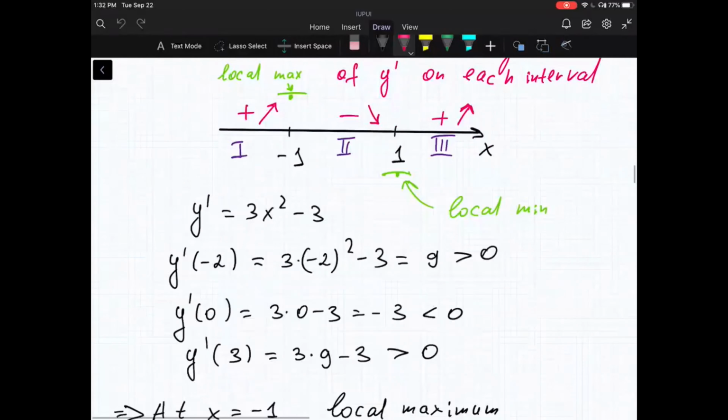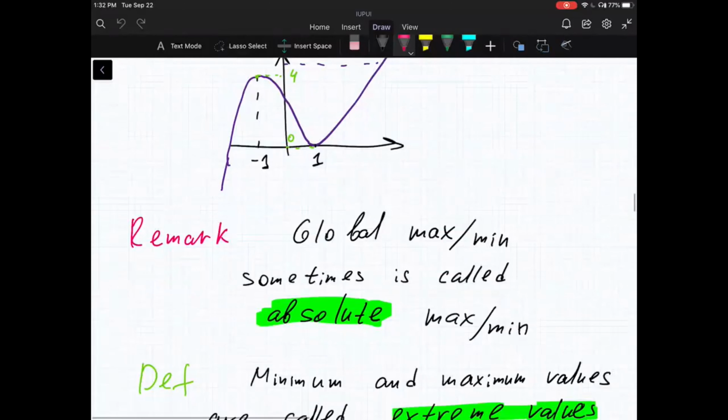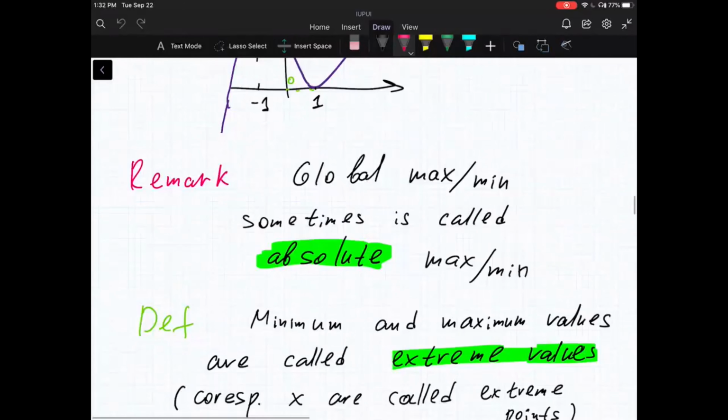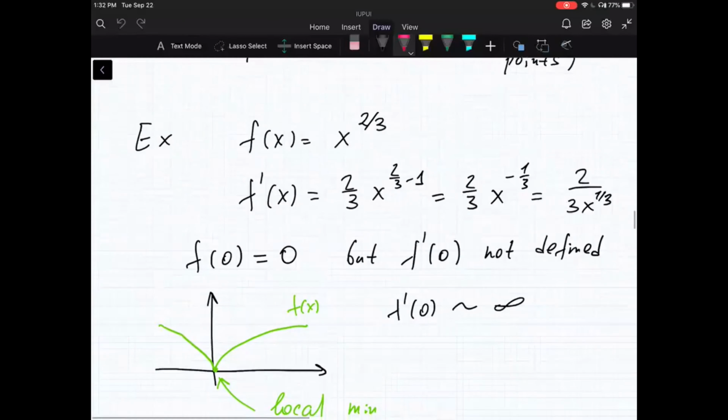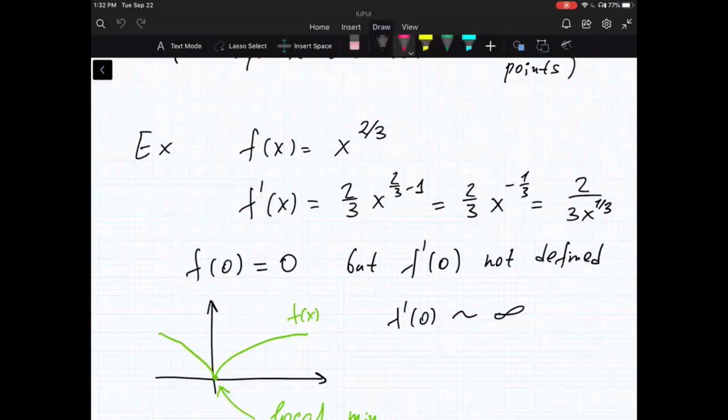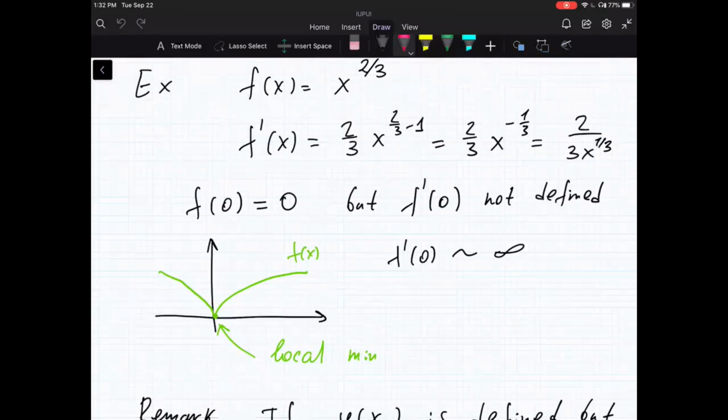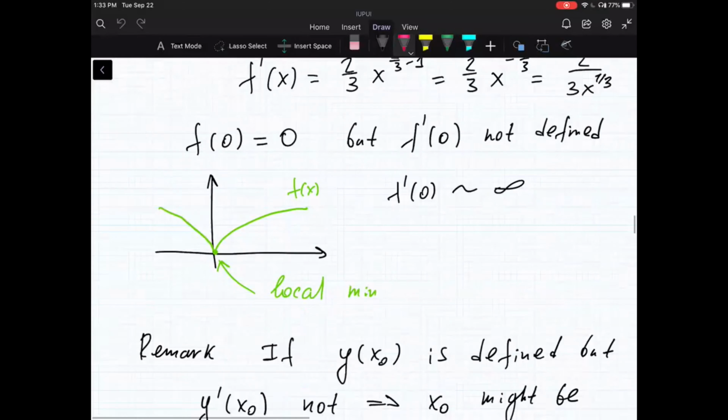And also we discussed that sometimes you have a point where the derivative is not defined, as in this example, x to the power 2/3, and basically that's because either your derivative behaves badly, it goes to infinity, or it's not defined at all, because you have a sharp peak, like on this picture, and it's not very smooth at this point.